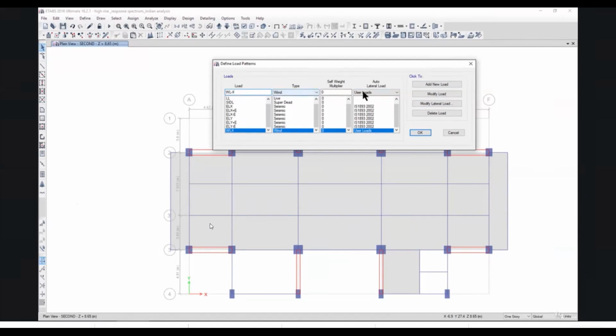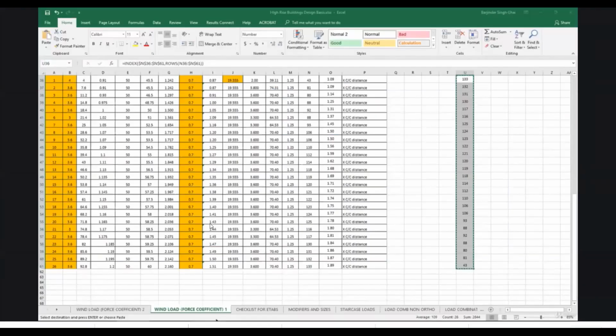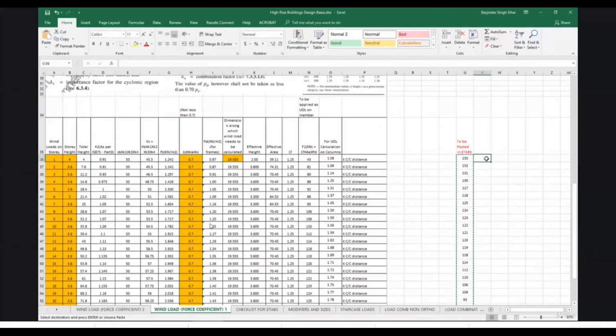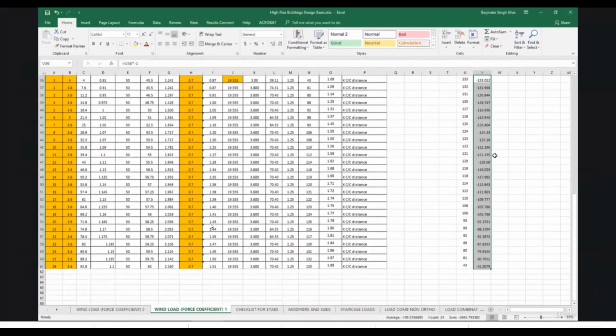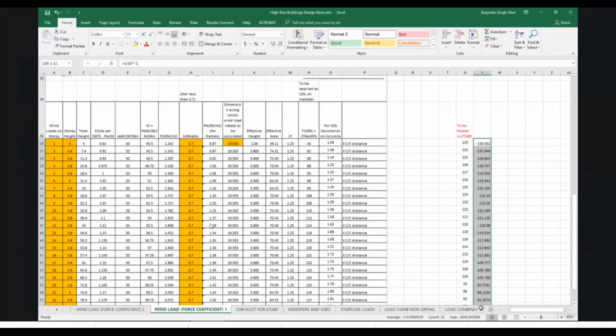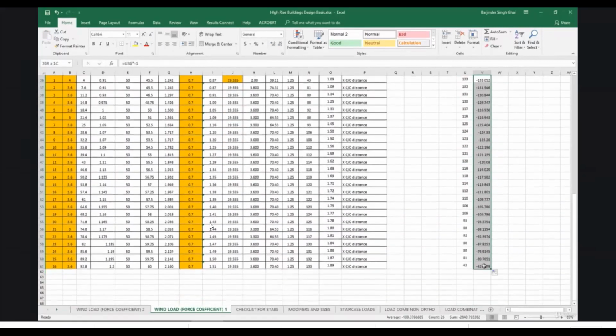We just need to write WL minus X here, type as wind, and auto lateral load as user loads. And then left click again on add new load, so WL minus X is now defined as a load pattern here. After that, in a similar manner, we just need to put the minus value of this here as WL minus X. So we can just select all these cells.